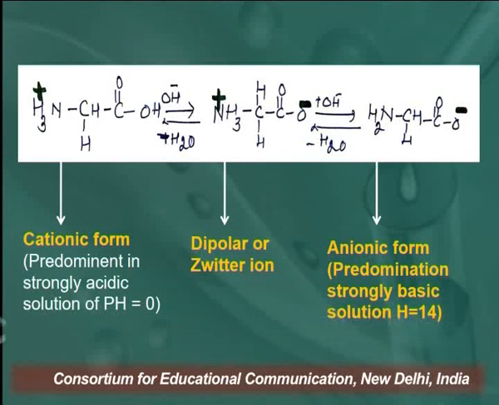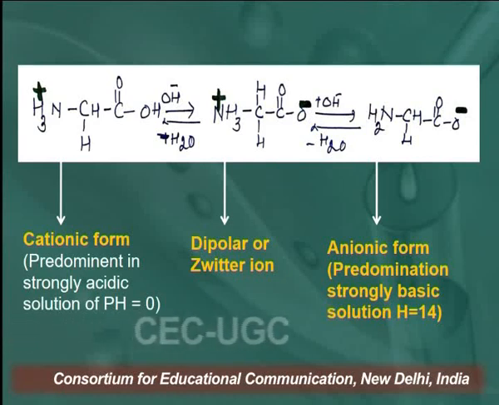This is the cationic form of glycine, predominant in strongly acidic solution. Always remember, the cationic form predominates when the pH of the solution is 0 to 2, 3, 4.